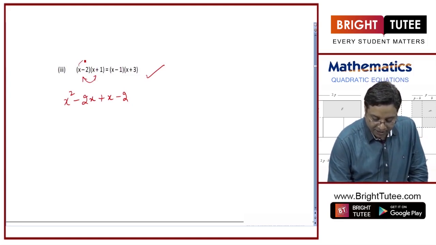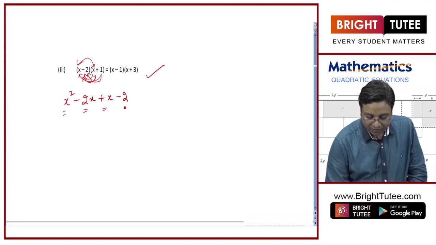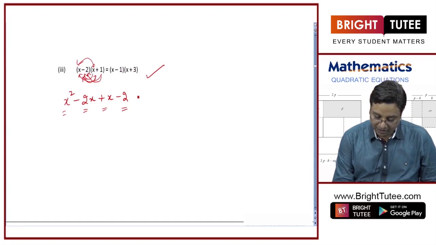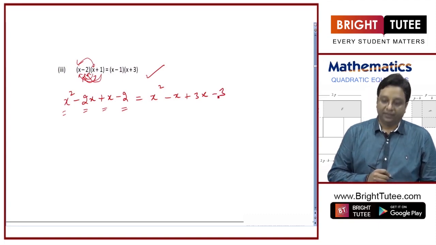X multiplied by x gives me x square, then multiplied by minus 2 will give me minus 2x. This 1 multiplied by x will give me plus x, 1 multiplied by this minus 2 will give me minus 2. Similarly, on the right hand side, x square minus x plus 3x minus 3, right?